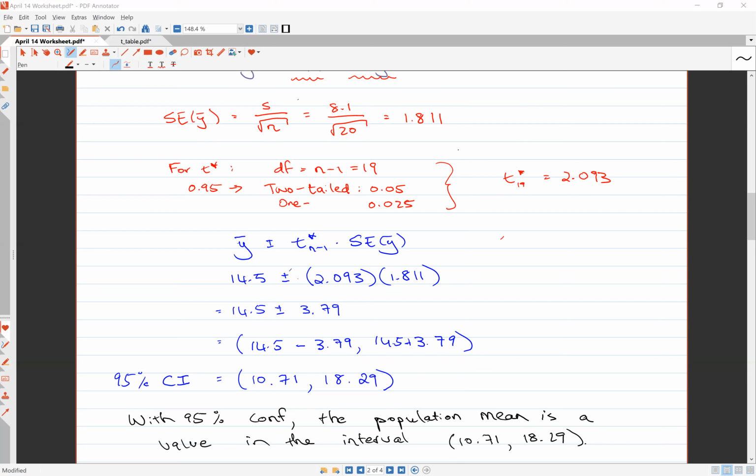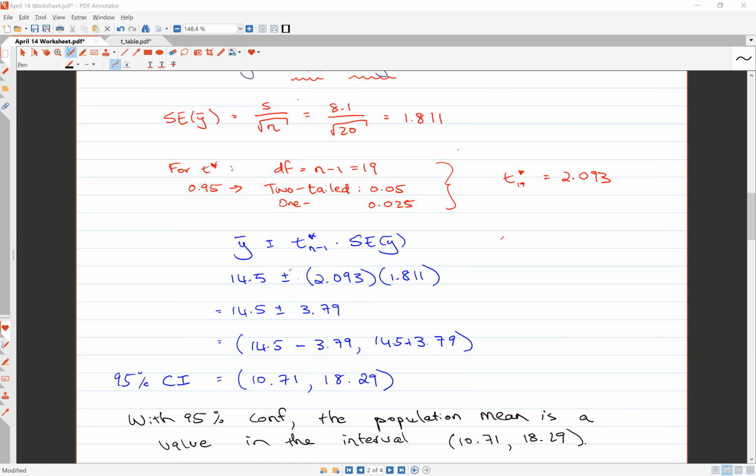And what the 95% confidence means is that we are using a method that will work 95% of the time. So this could be the 5% of times where the method doesn't work and the true population mean is not inside that interval. But more likely, it's one of the 95% of times where it does work, and so it is inside the interval.